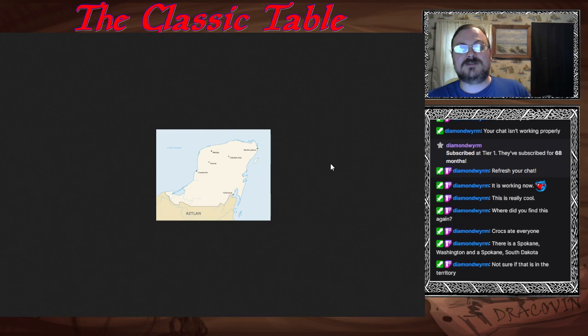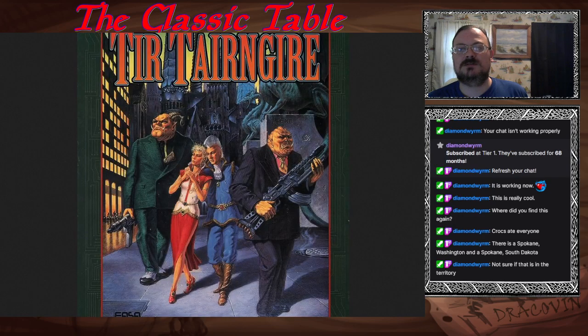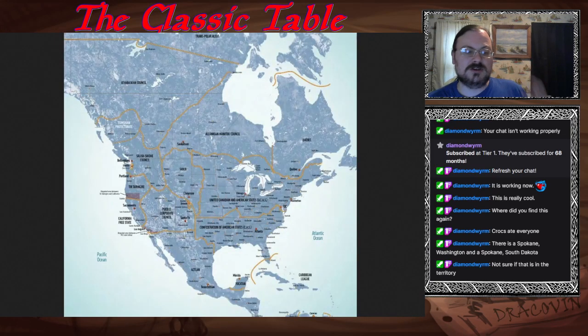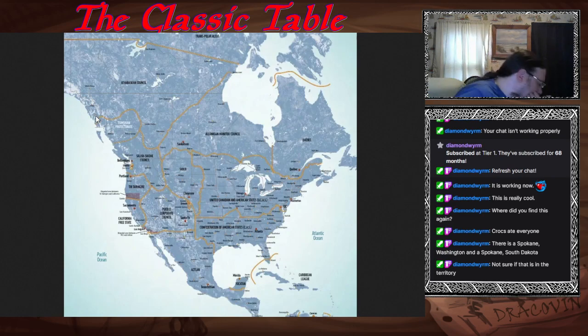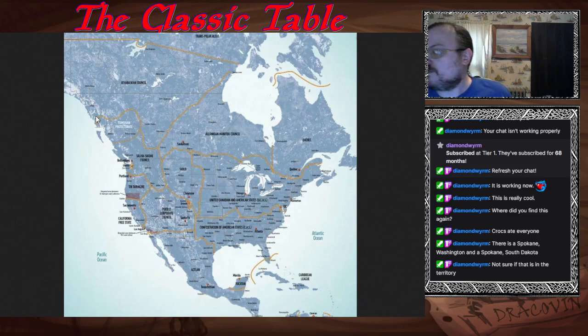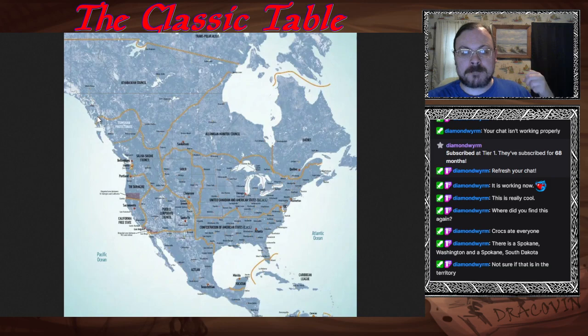The Yucatan, as of 2072, on that 2072 map that I showed off, which we can go back to, is it this one? No, it's this one. It shows the Yucatan as an independent nation, with Meridia at its forefront. So we know that in the last 10 years, they have a level of autonomy.